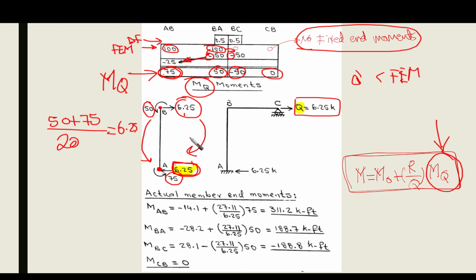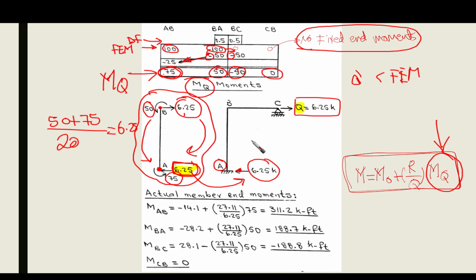Okay, so we have this counterbalancing moment. Now, from this little story here, we want only 6.25, and we're going to put it here on the original frame without any kind of external loading. So we have 6.25 K applied or developed at point A, the bottom of the column AB.